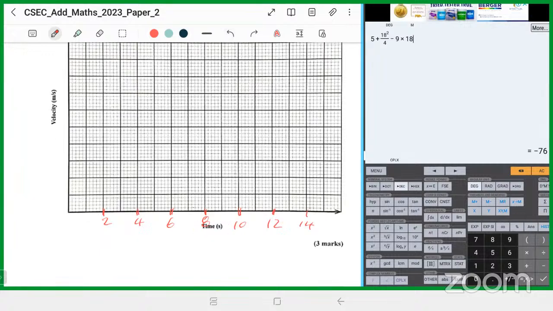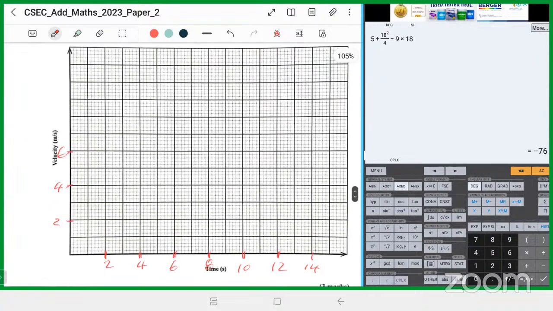Up here, same thing: 2, 4, 6, 8, and then 10.